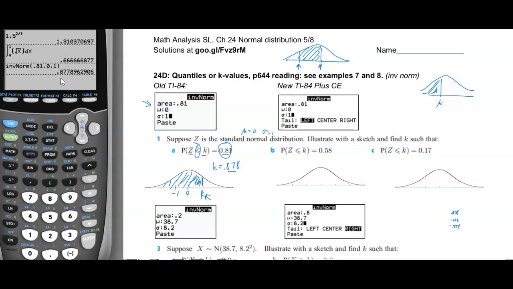Next one, probability that Z is less than K is 0.58. So that would be a little more than half of the area. And Z is less than K, so the shading would be to the left, right?